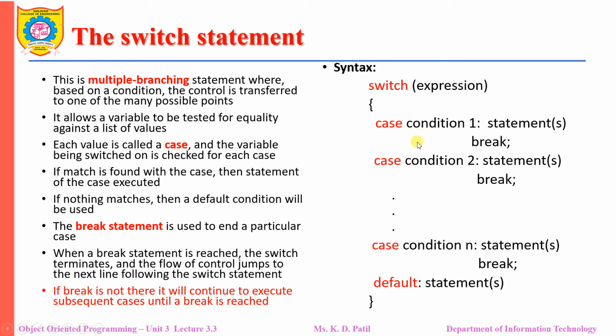Here there are a number of values, that is, condition 1, condition 2, condition 3, you may have condition 4, and so on. The variable in the expression will be tested for equality against this list of values, and each value is considered a case.